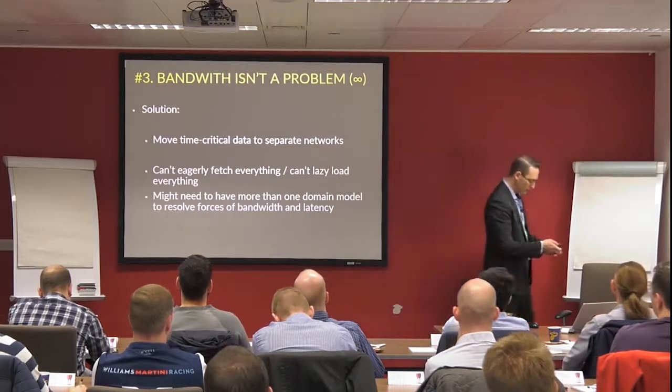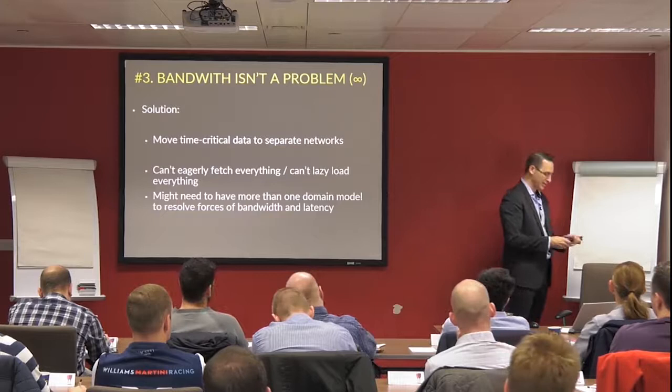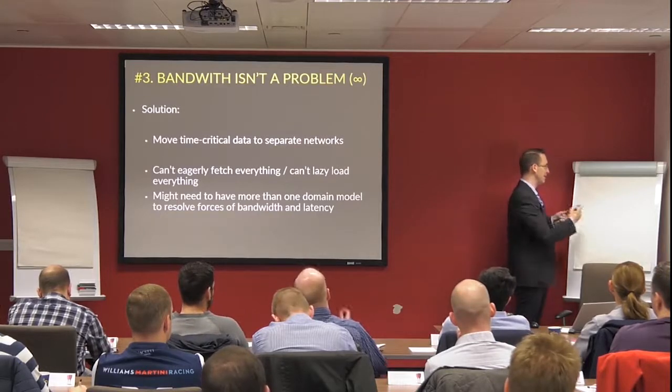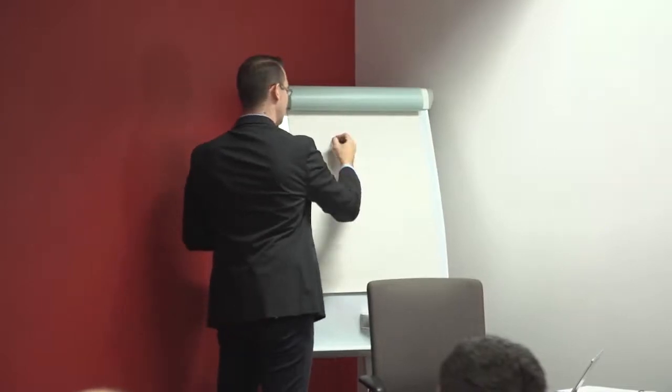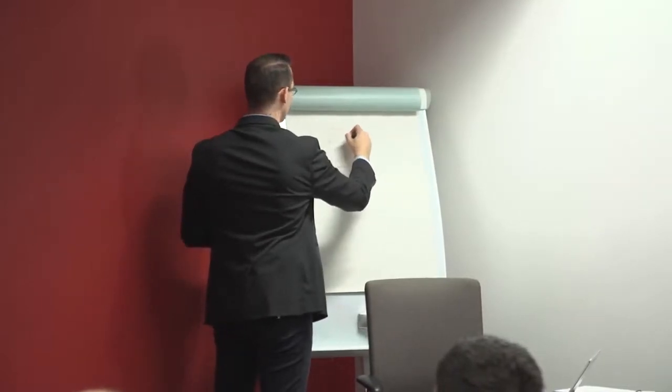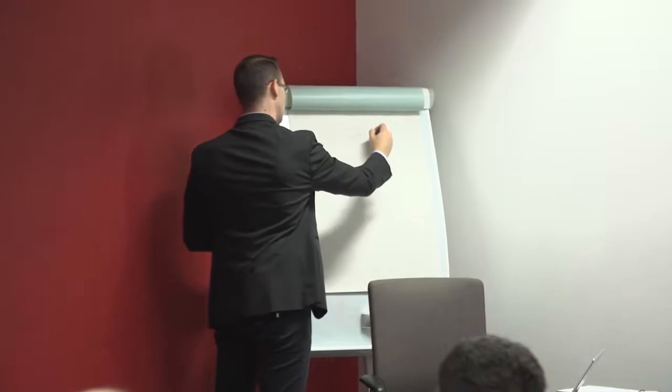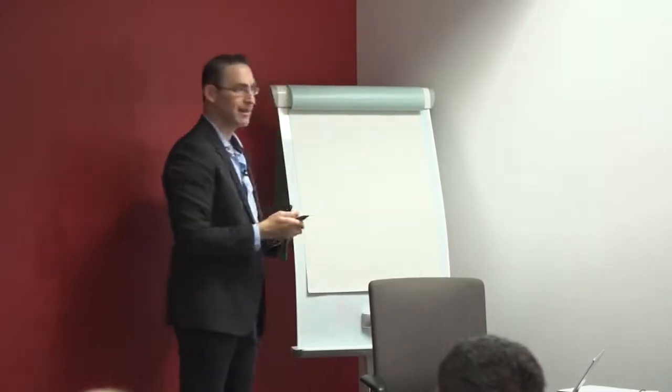So let's say that we had an API, a service layer. Let's just call it something related to customers, okay? That had two methods on it.